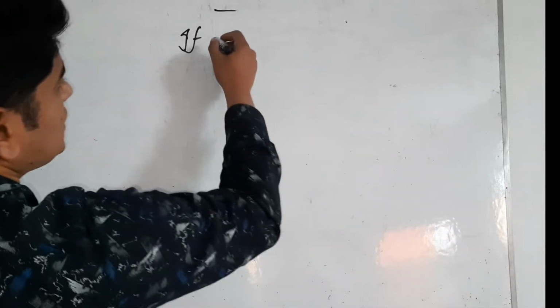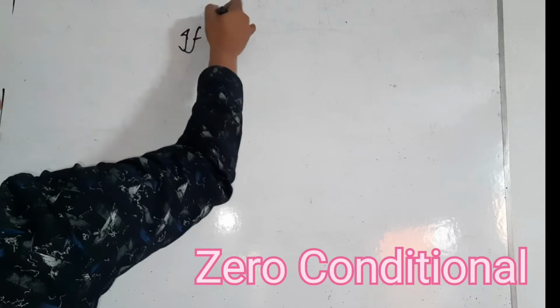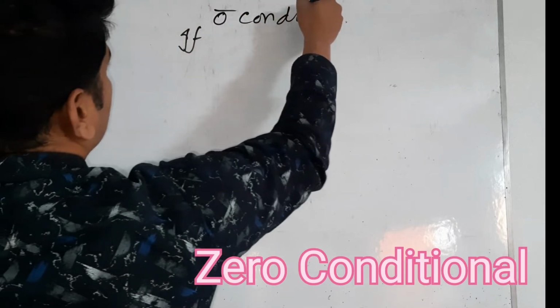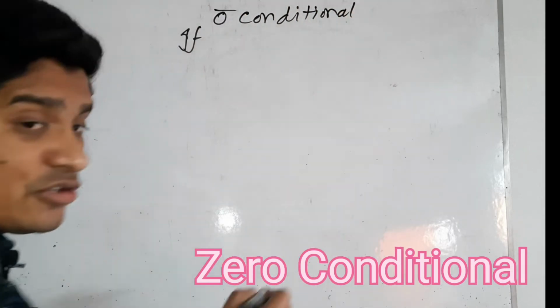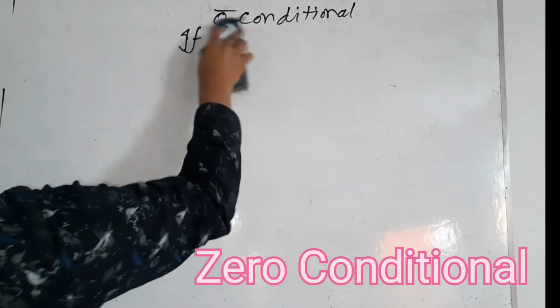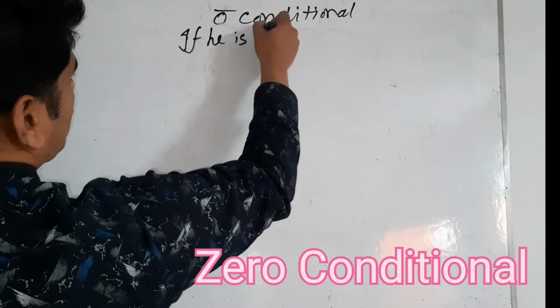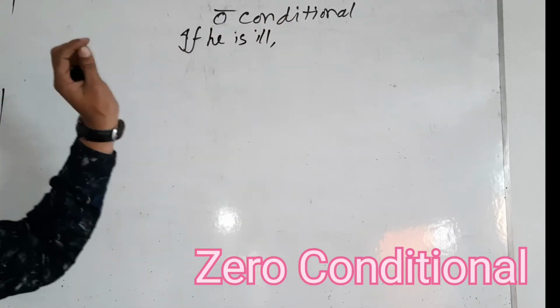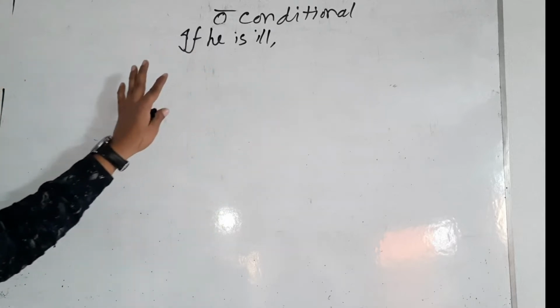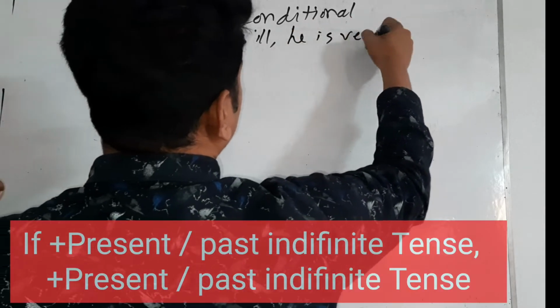So in the zero conditional, for example, if it rains, if he is ill, he is very weak.